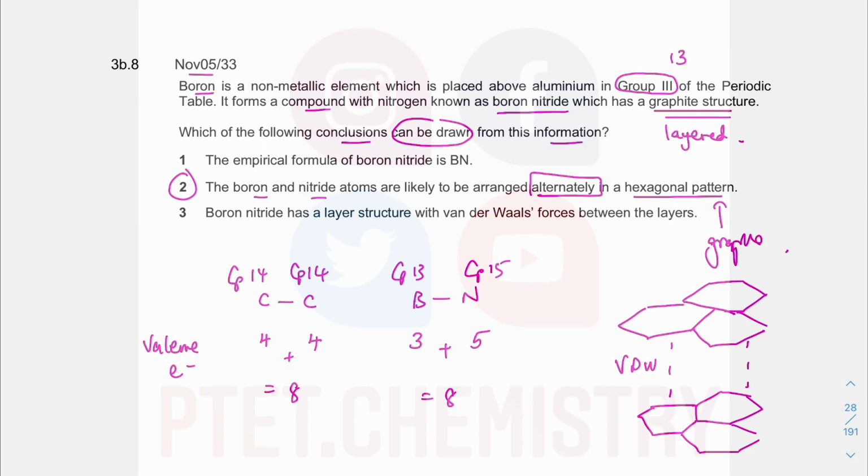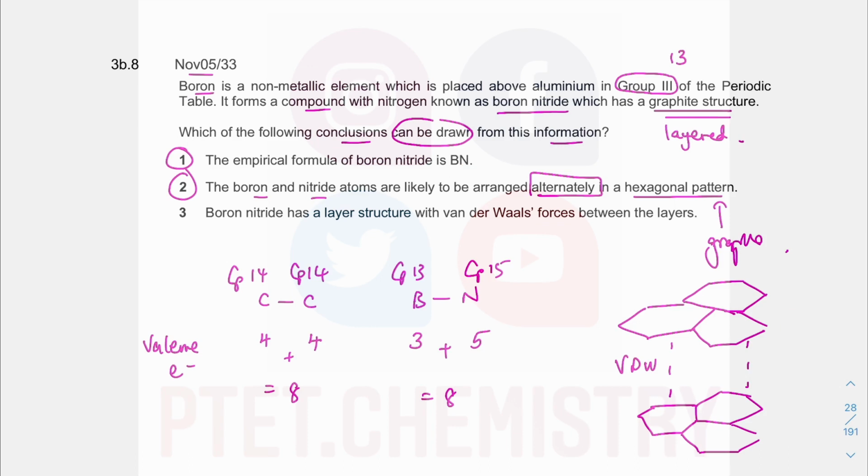The simplest number of atoms in graphite or in diamond is just C, because the empirical formula is just carbon. But for BN, the ratio is 1:1 to match the isoelectronic feature of a carbon-carbon bond in this kind of graphite structure. So indeed, the empirical formula for boron nitride is just BN.